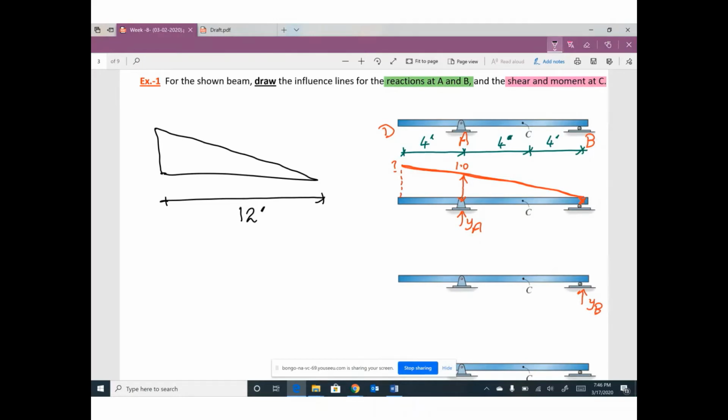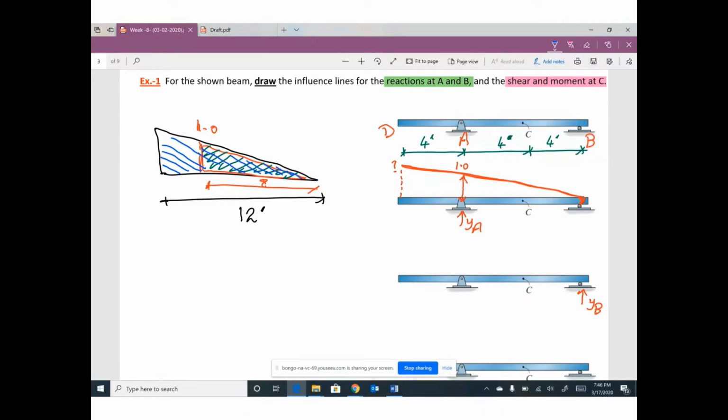Then we have another triangle, this little one, with this value equal 1, and this distance equal 8. So this triangle looks like this triangle. We can make triangle similarity.